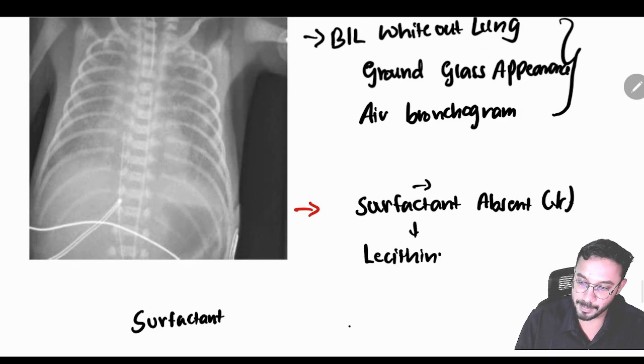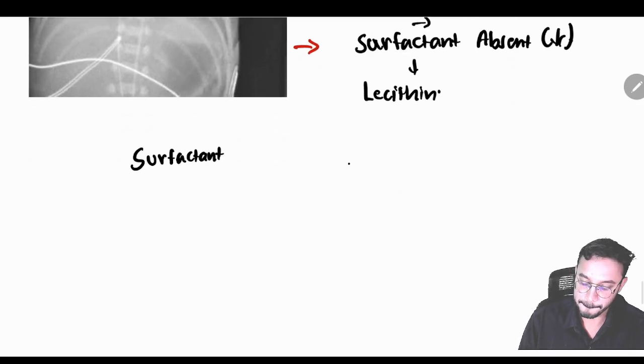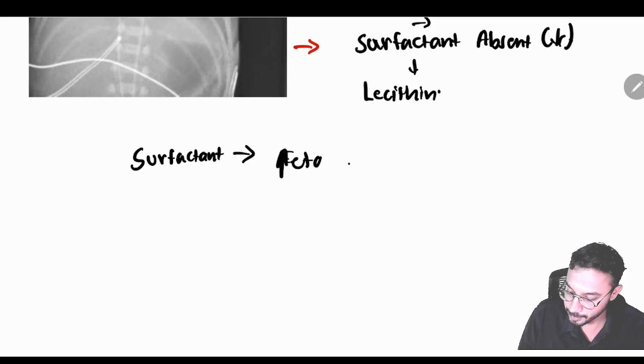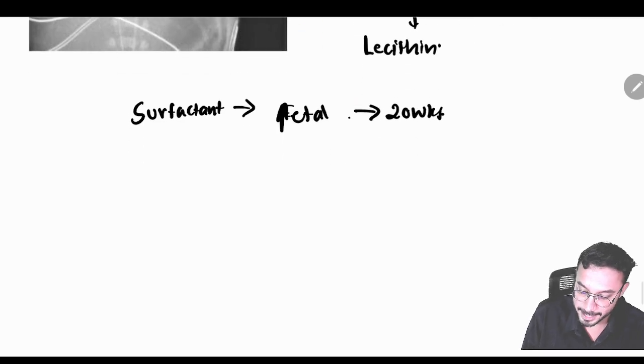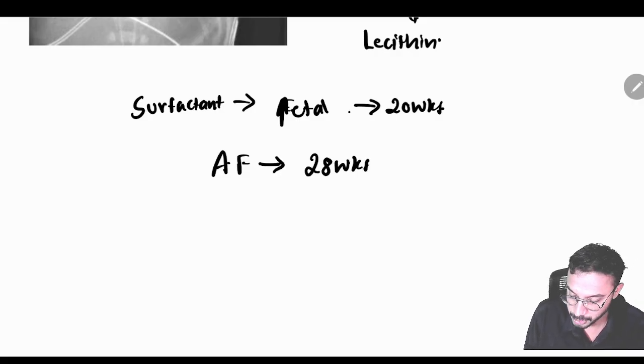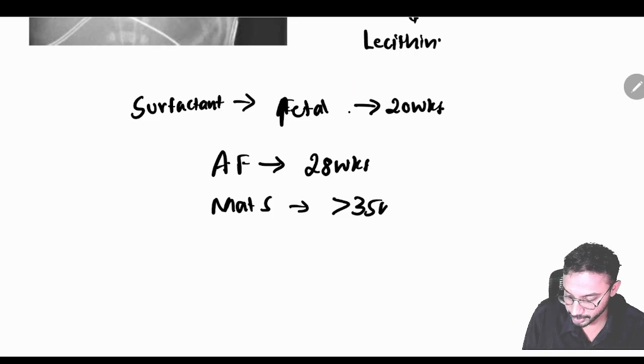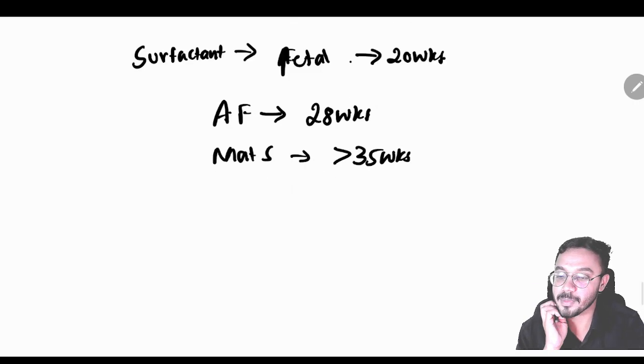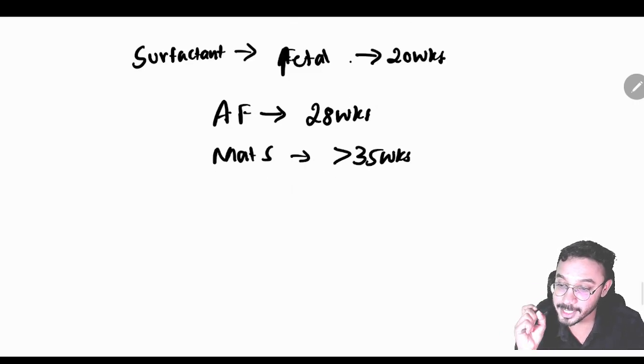So these are all the X-ray patterns you will see. Surfactant will appear in fetal life at what week? 20 weeks in amniotic fluid, 28 weeks, and mature surfactant at greater than 35 weeks. Okay, so here the main problem for respiratory distress in a preterm is decreased surfactant.